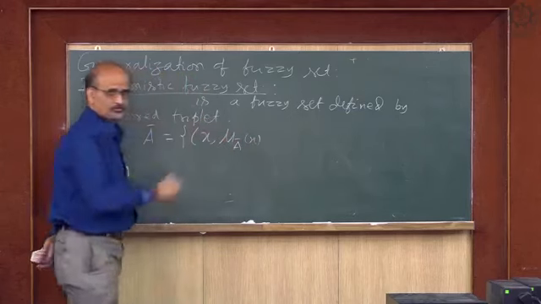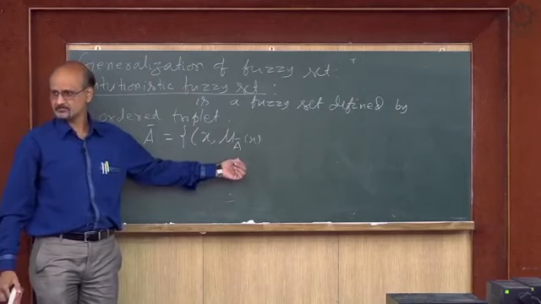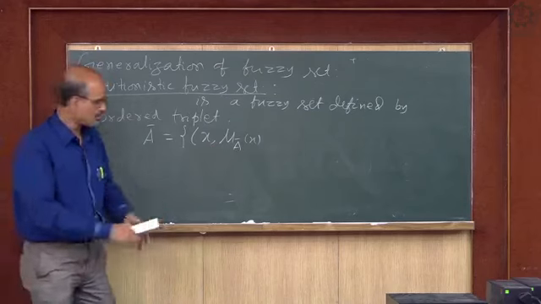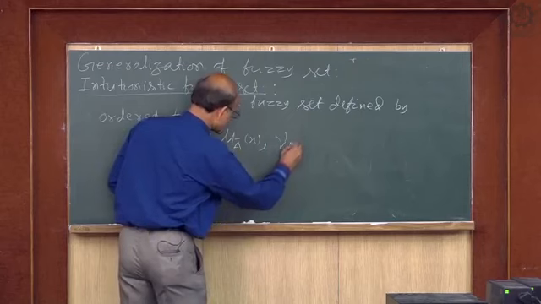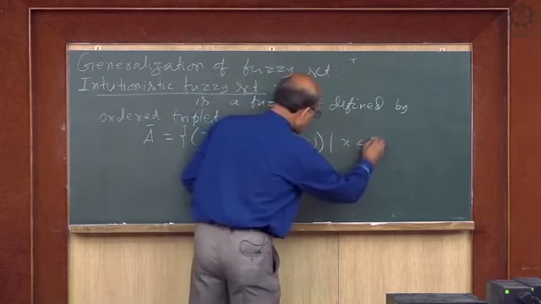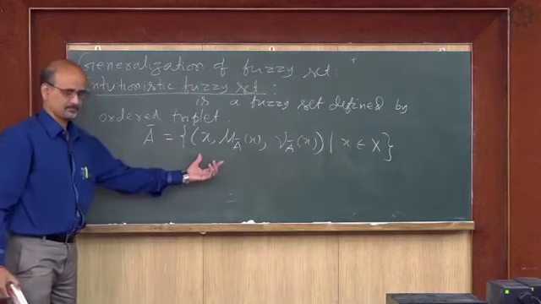Up to this you know, if A bar is a fuzzy set, then we will have x and mu A bar x, where mu A bar x is the membership function of x. Now only one more notation will be there, that is nu A bar x, such that x belongs to X. So this is an ordered triplet.